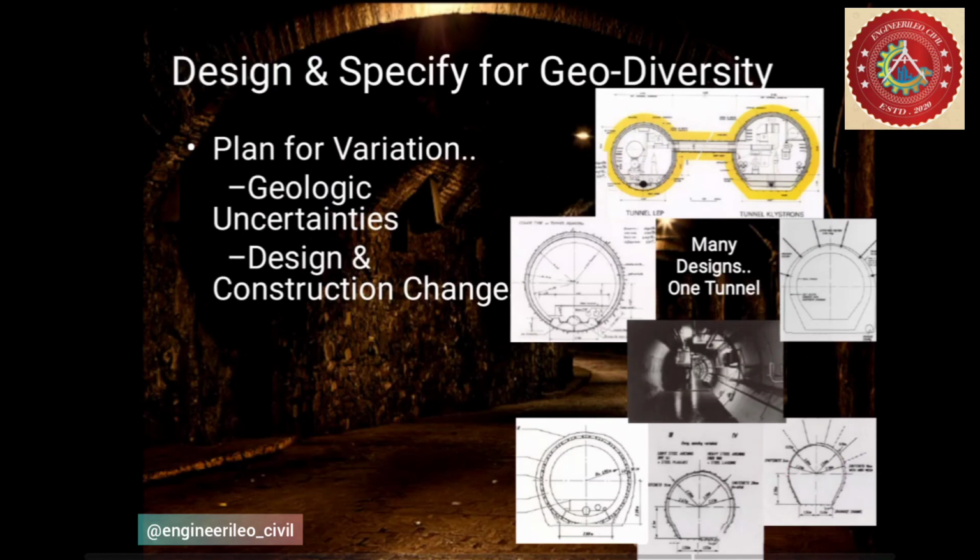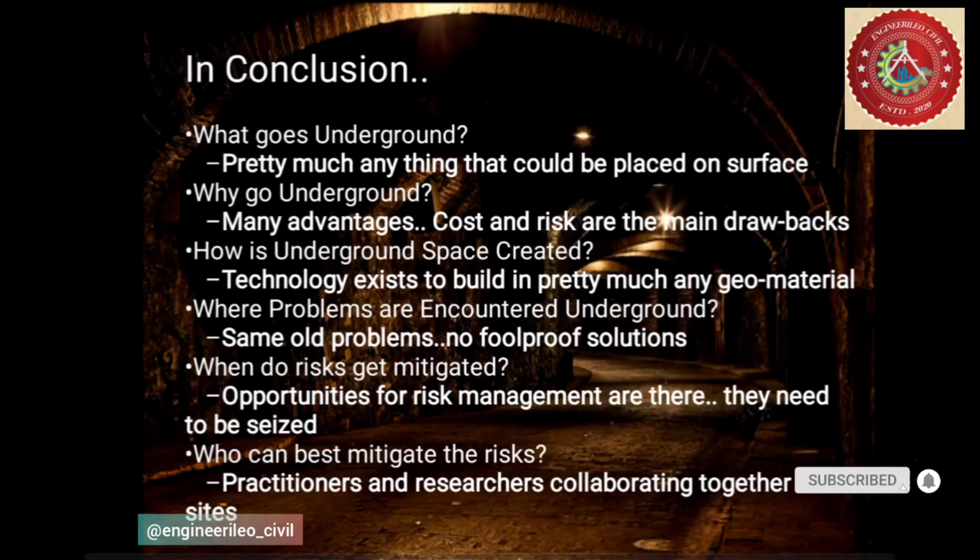In overall conclusion, first we said what goes underground: pretty much anything that could be placed on the surface could go underground. Our next question was why we go underground. There are many advantages; cost and risk are the main drawbacks, but there are many advantages to going underground.